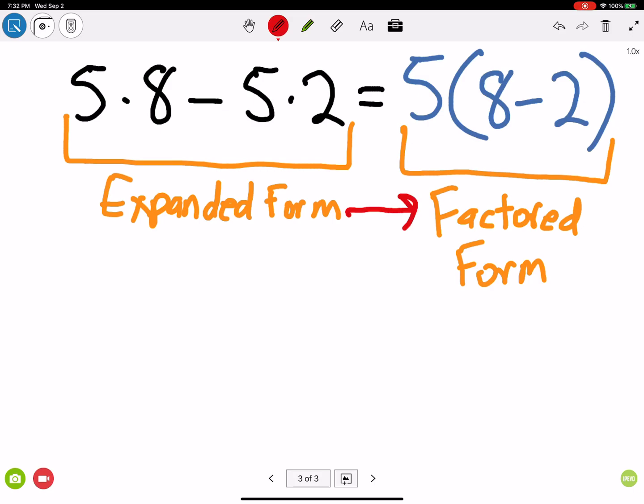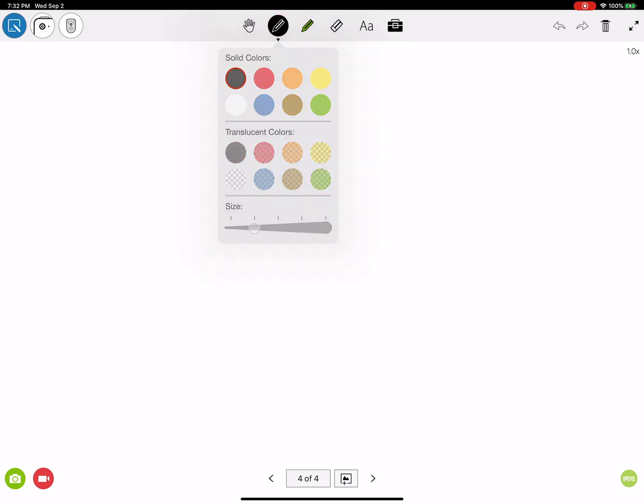So what happens here? I'm going to give you a few problems. I want you to figure out how to go from one to the other. I'm not going to tell you what form they're in. I want you to be able to figure out what form they're in already.